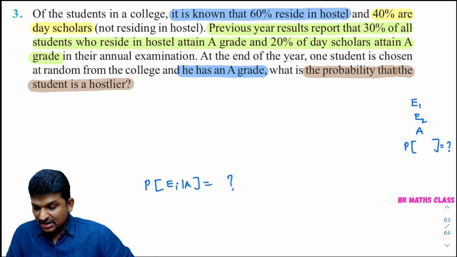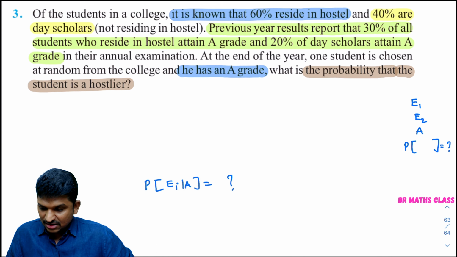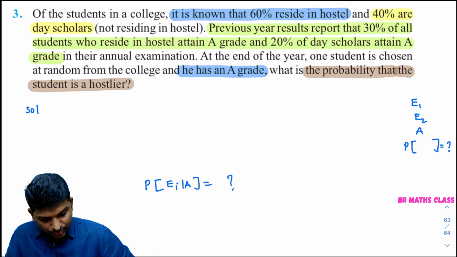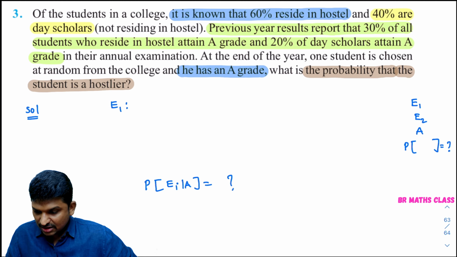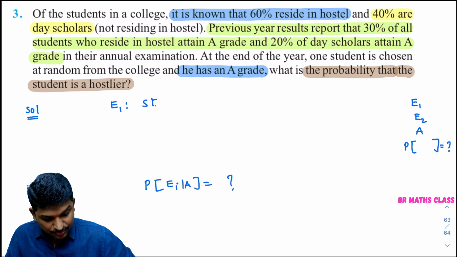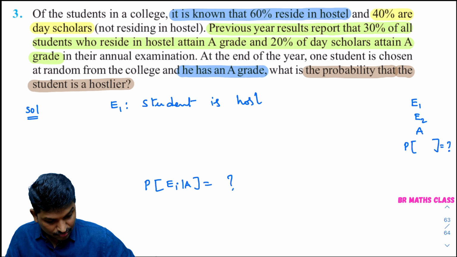Right? So here I'll write what are E1, what are E2. What is E1? Student is hostler. What is E2?